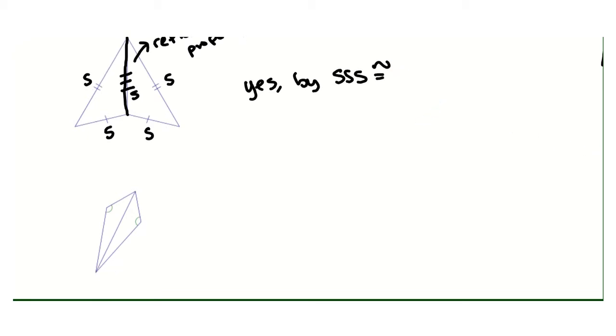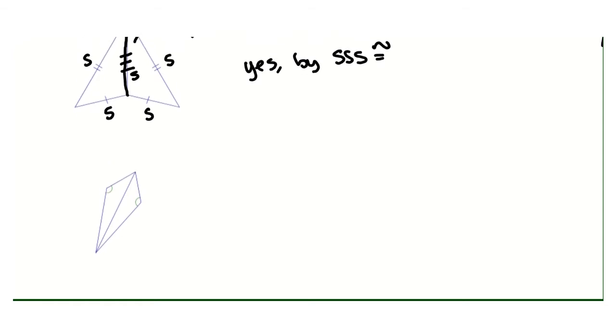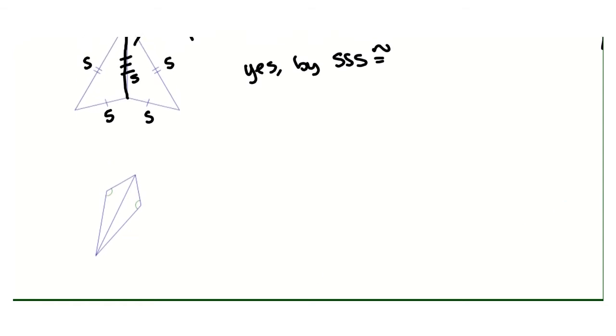What I would like you to do is pause this video and go ahead and see if you can answer this last one. So here I know that this angle is congruent to this angle. And I can also say that this side is congruent to itself since they share this side. So I have a side and an angle.